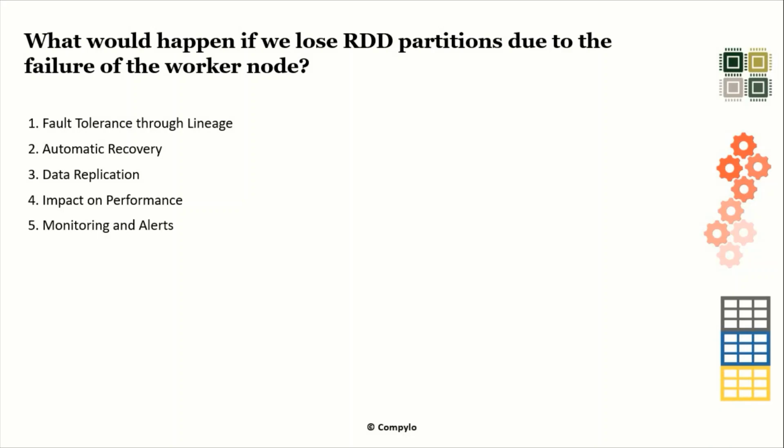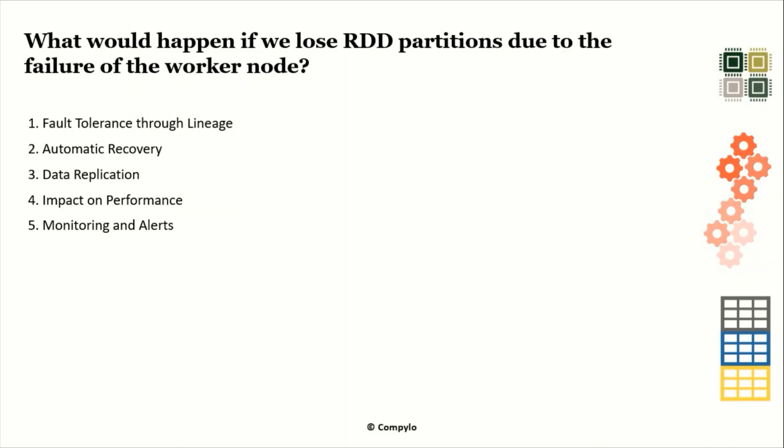If we are using a data source that supports replication, like HDFS, the original data might be available on another node. In such cases, Spark can read from the replicated data, avoiding the need for recomputation.